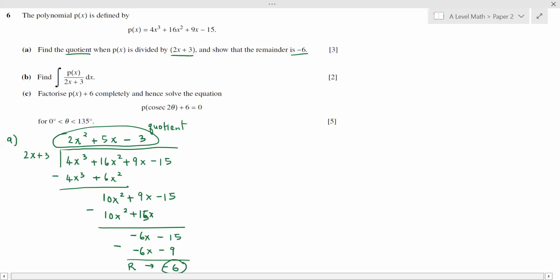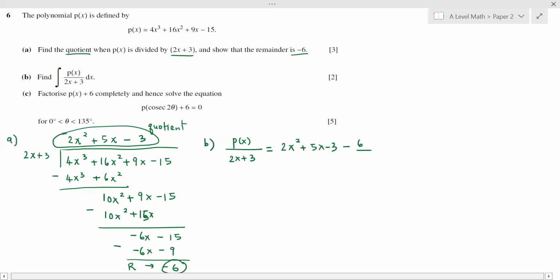Part B, to integrate p of x over 2x plus 3. From part A, when p of x is divided by 2x plus 3, we have the quotient, which is 2x squared plus 5x minus 3, and the remainder is negative 6.